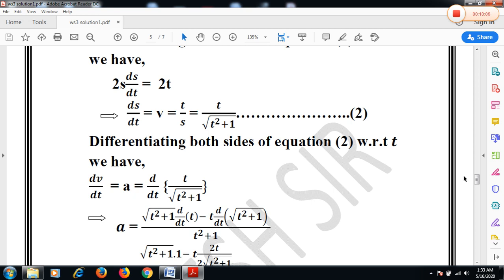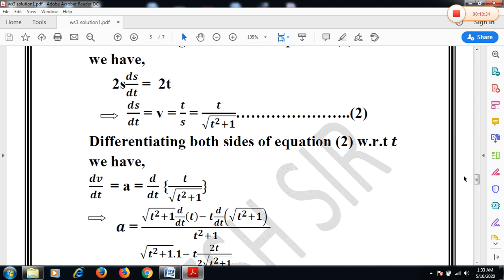Okay, that is bottom function into derivative of top function minus top function into derivative of bottom function divided by bottom function whole square. d by dx of f by g will be (g f dash minus f g dash) by g square.